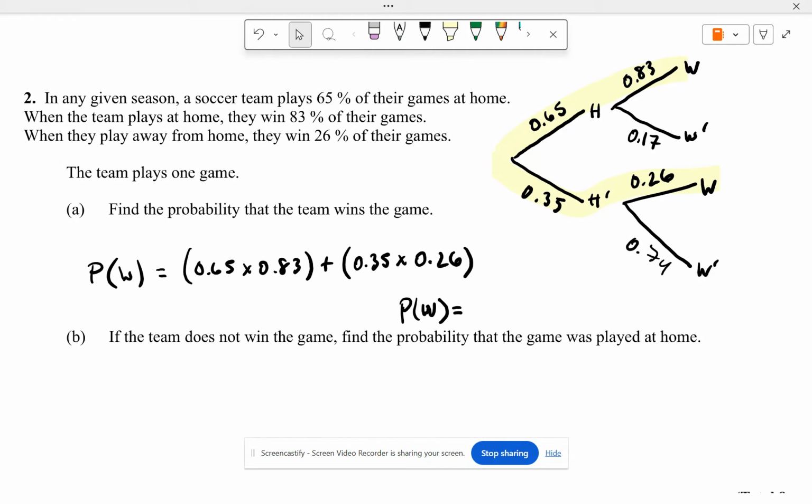Let me know what you get when you do this. I'd prefer a decimal because I think the fraction would be sad. 0.6305. That's what I got. Anybody else get that? Yeah.